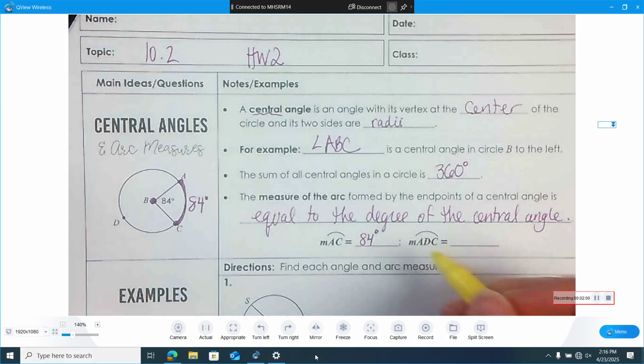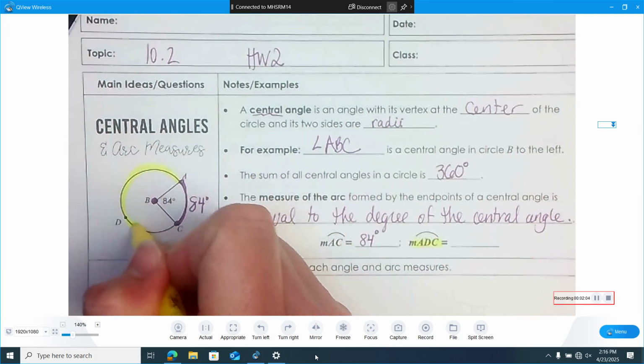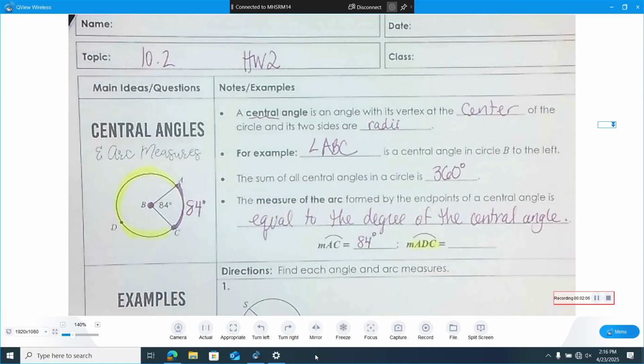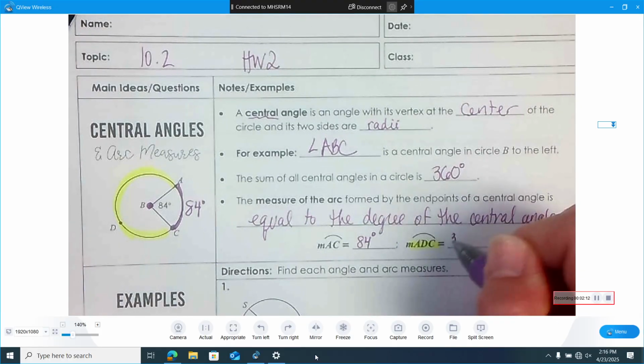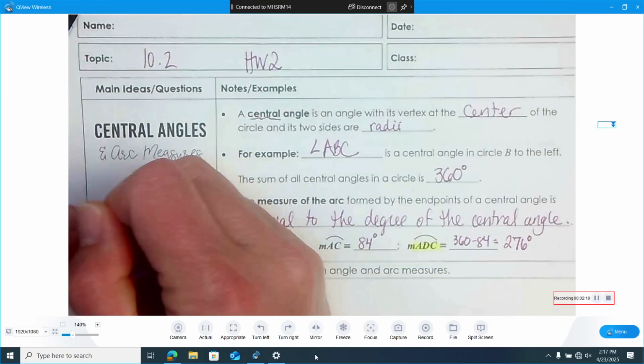And now I want to figure out the measure of arc ADC. How do we figure out the measure of that big yellow arc? 360 minus 84, which is 276 degrees.